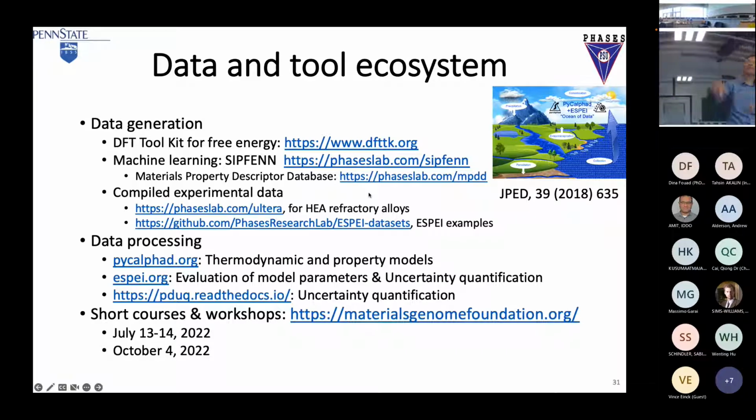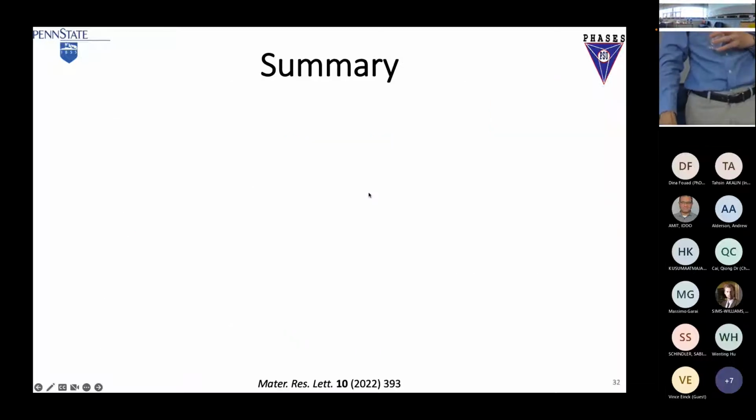Okay? Then we go through this cycle together to continue to generate the tools. The tools are developed by our group. As I mentioned during today's meeting, in order to maintain this development, we created a nonprofit foundation. So now we have regular training courses, and we start charging people now so we can sustain our activity.